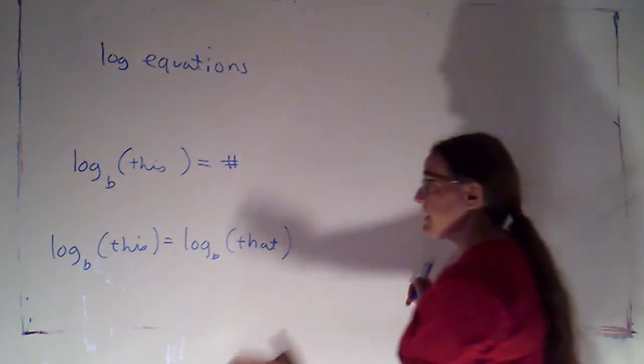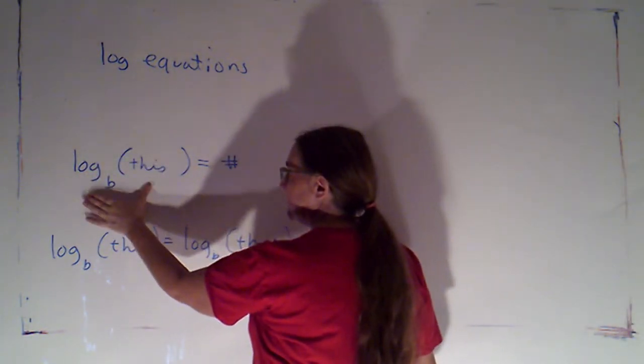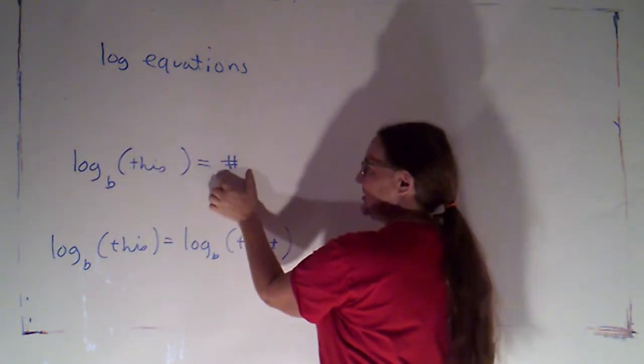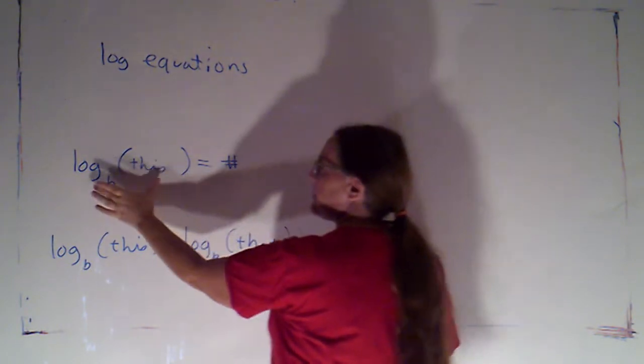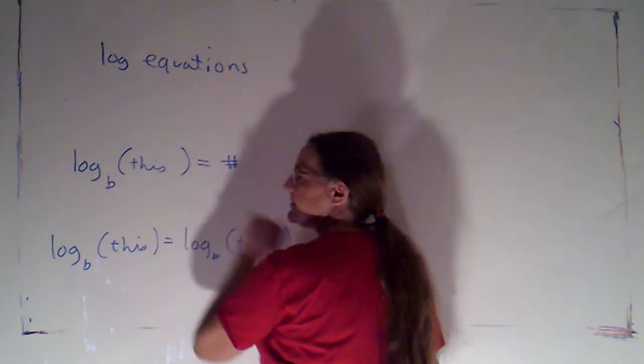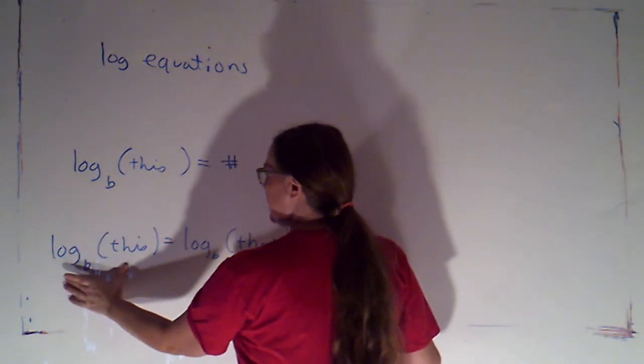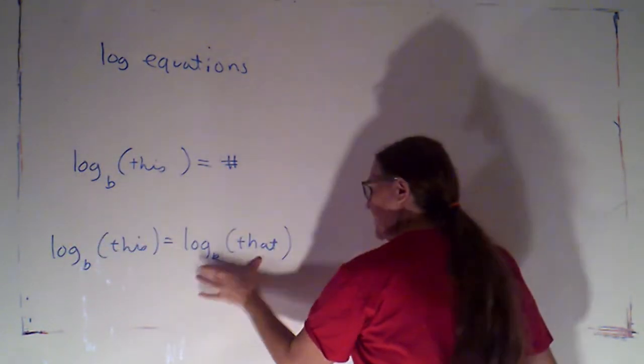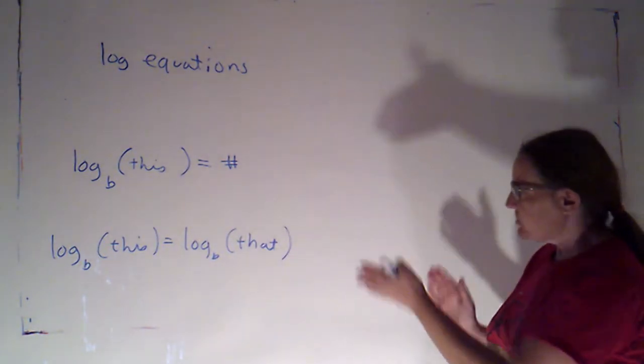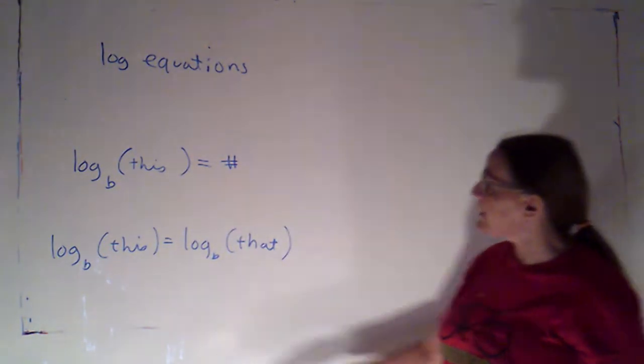So you either need to have a log by itself equals a number, so that way the log is isolated on one side of the equation, or you need to have the log base b of this equals the log base b of that. There you would have two logs, okay, but they're each isolated.